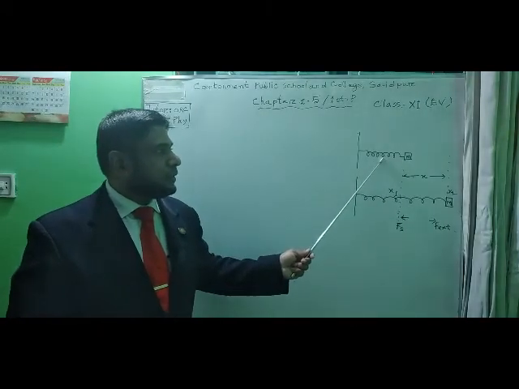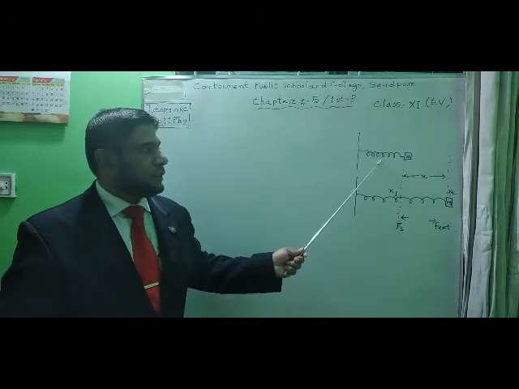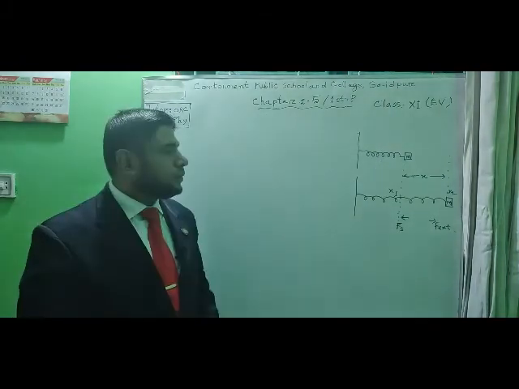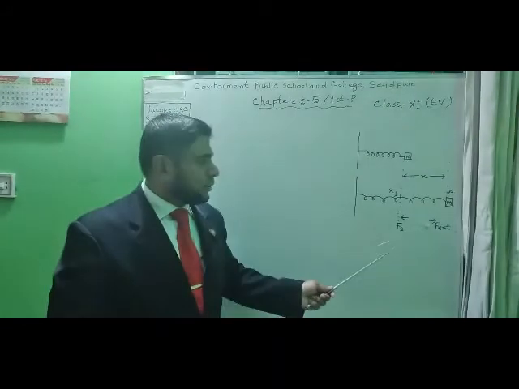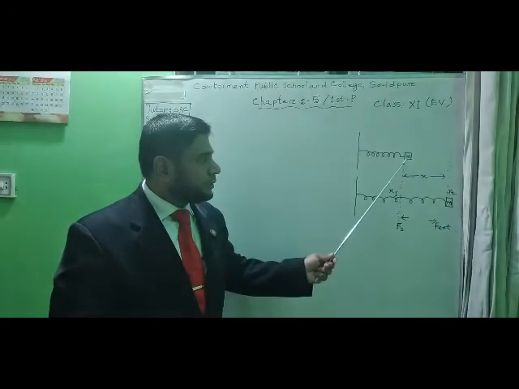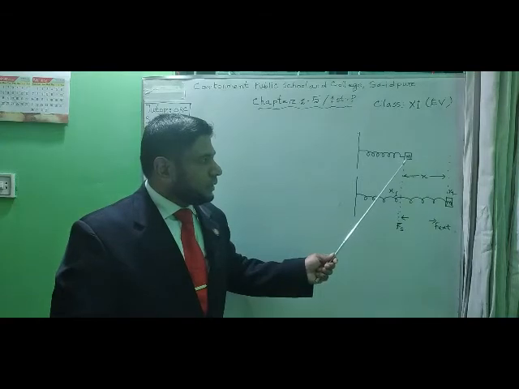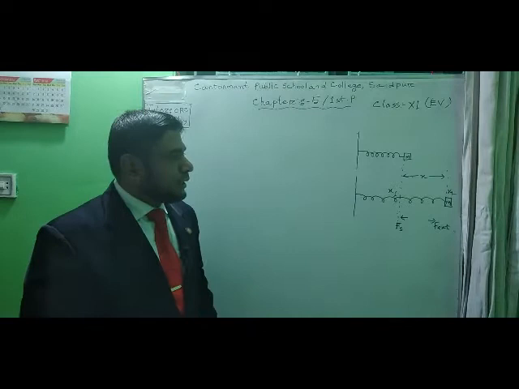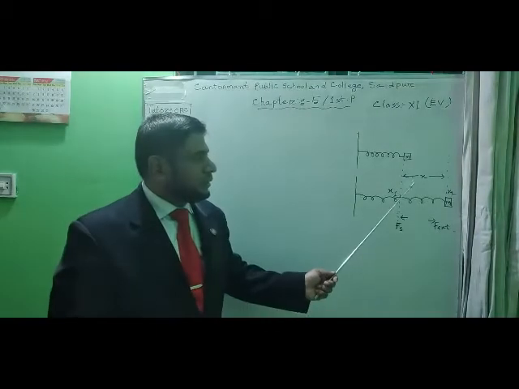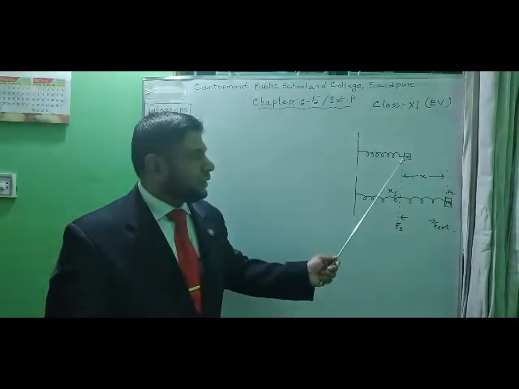In this figure the spring is at its equilibrium position. Now we apply an external force F extra on the spring, pulling it outward to expand it, and suppose we expand the spring by x meters from its equilibrium position.